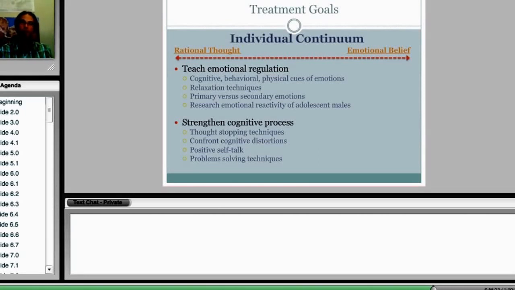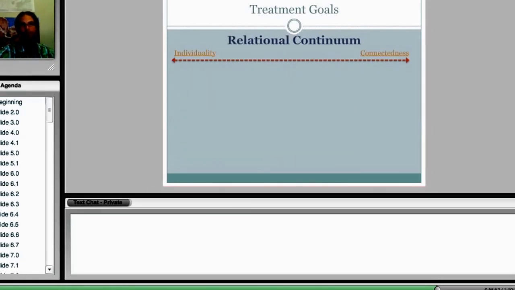There are a number of tools, and even problem solving, which is very practical, with questions to ask yourself to work through it. So it's a very rational way to address the situation that's coming up. The particular goals depend on the person. I use these examples to highlight that we want to address both, so it's clear that one side is not better than the other. It's a balance we're striving for.